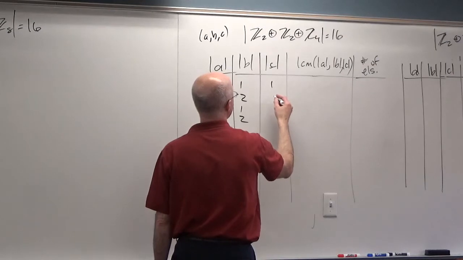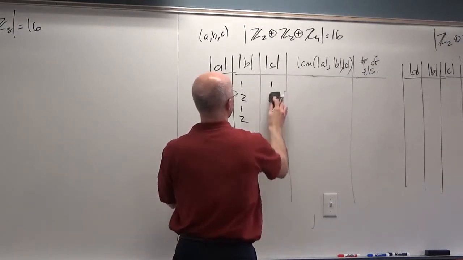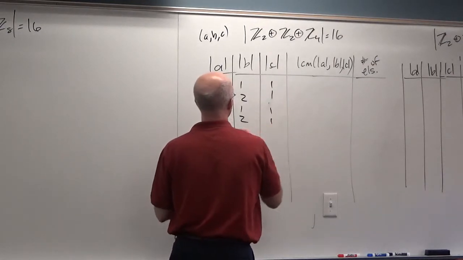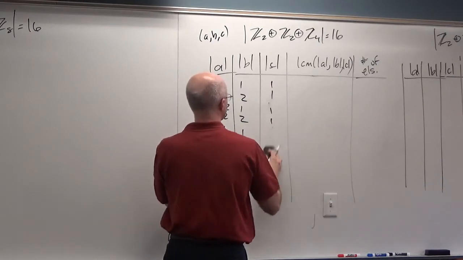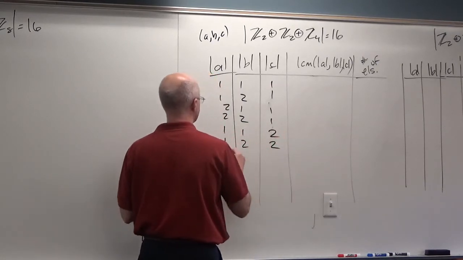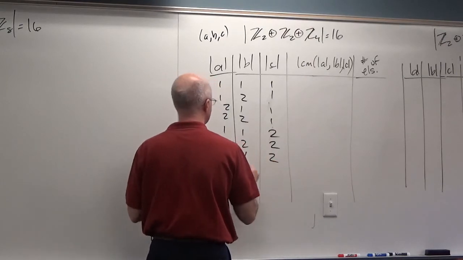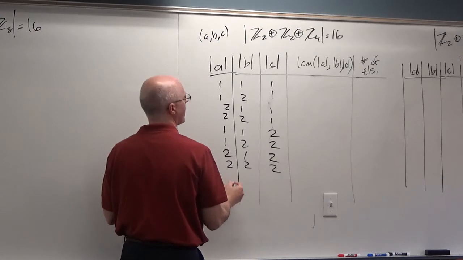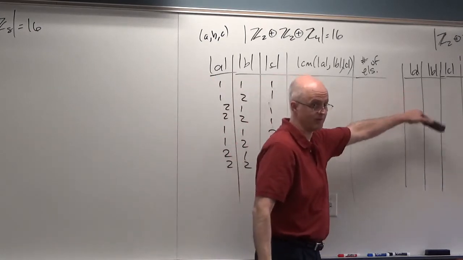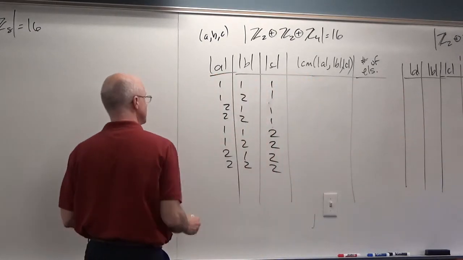So if I was going to make a full table, let's see. Here's a systematic way of doing it. Watch for my mistakes. So you could also have order 4. I think I'm not going to make the full table over there for that example.